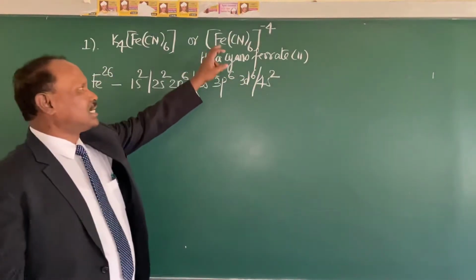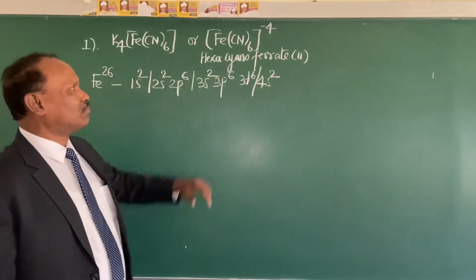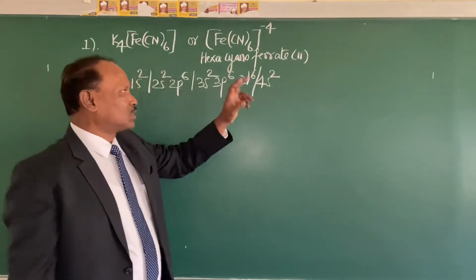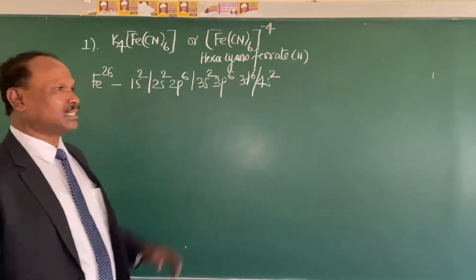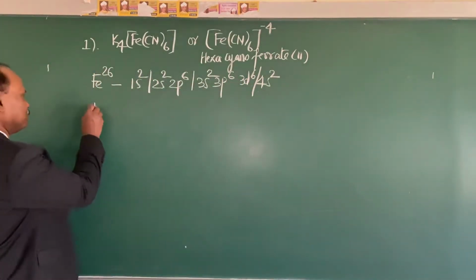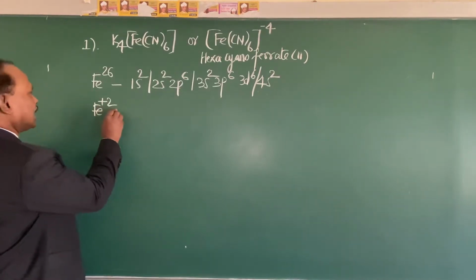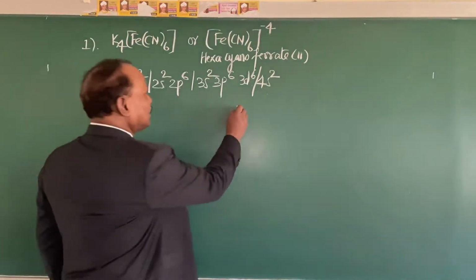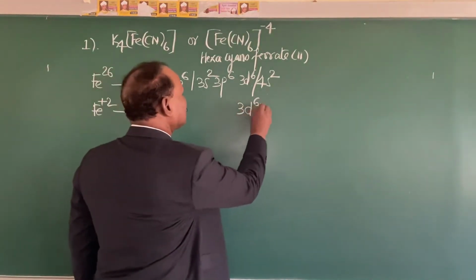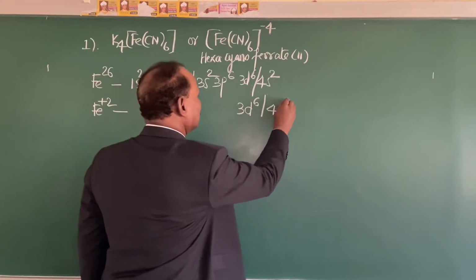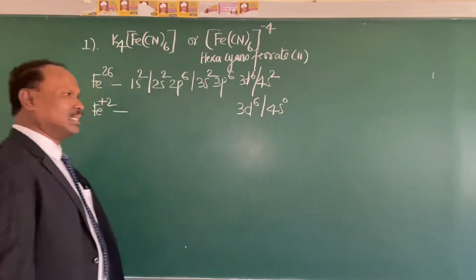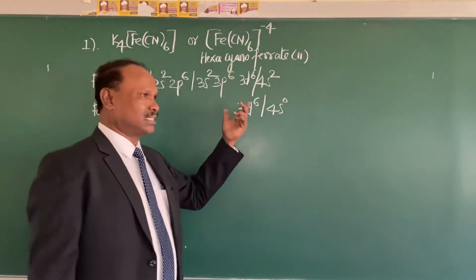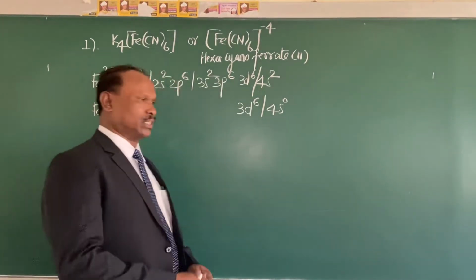I said the oxidation number of this iron in this complex ion is Fe plus 2. In other words, it is Fe2+ ion. So the electronic configuration of the Fe2+ ion becomes 3d6 4s0. That means 2 electrons are lost. Therefore, Fe2+ ion carries the configuration 3d6 4s0.